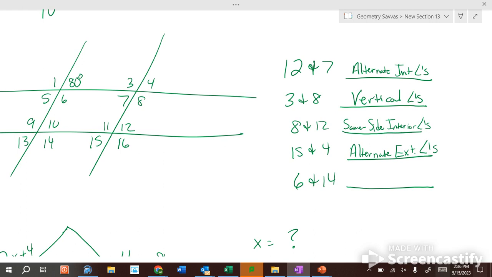What are 6 and 14 called? The lines might be parallel. They're not same side interior because one's to the interior, one's to the exterior. Since they're in the same corresponding positions, they are corresponding angles.